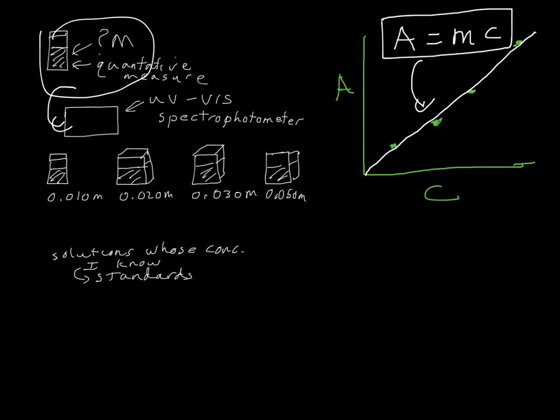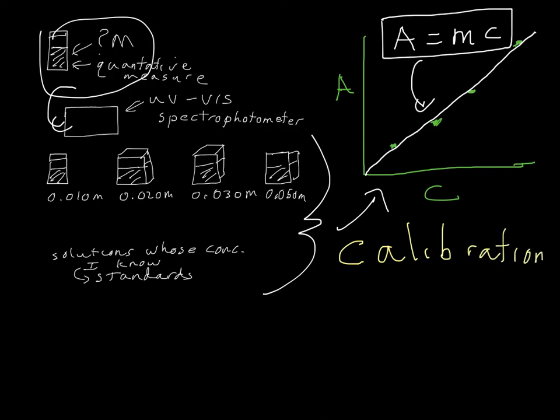The use of standards to draw this graph is what's known as calibration, or determining how an instrument responds to a different material, checking and making sure that the instrument is working right.